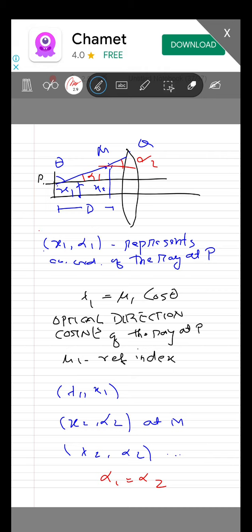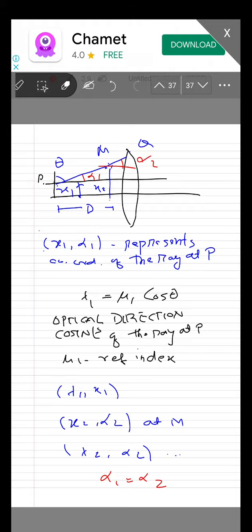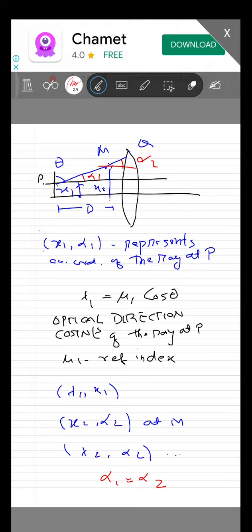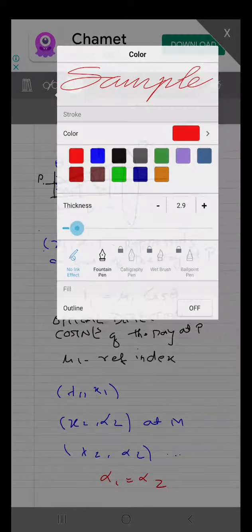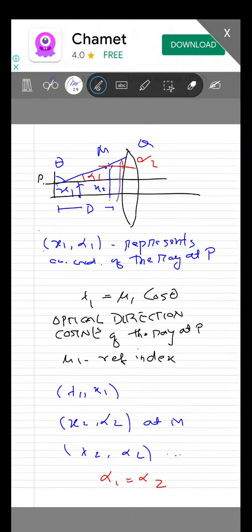Now we can represent x2. x2 is equal to x1, this distance, plus this additional distance, which is d tan alpha 1.